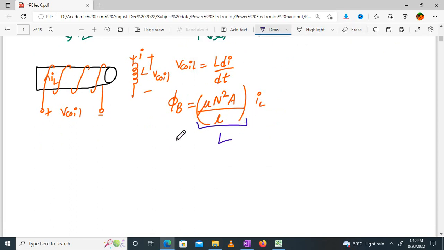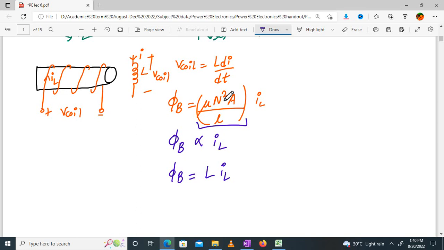We say phi B is proportional to IL. That means the proportionality constant is L, which we call inductance. What I'm trying to say is, the inductor was storing the energy initially.